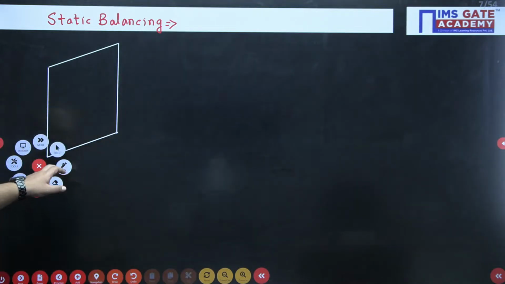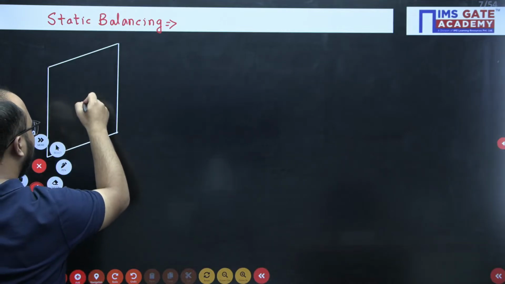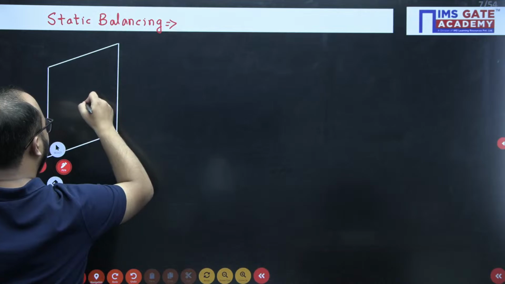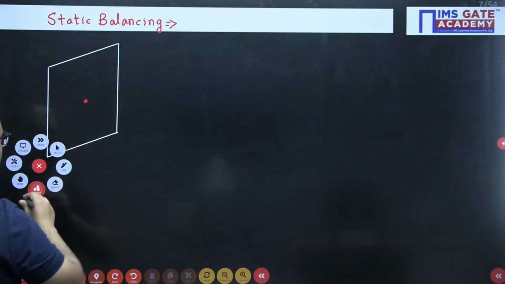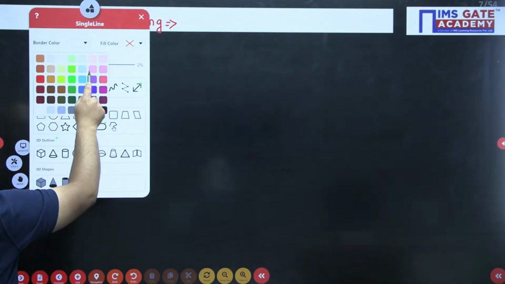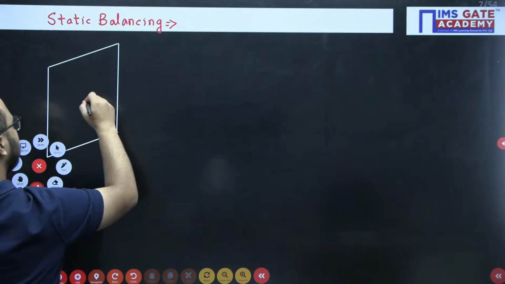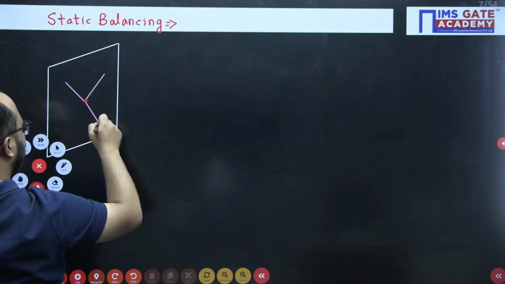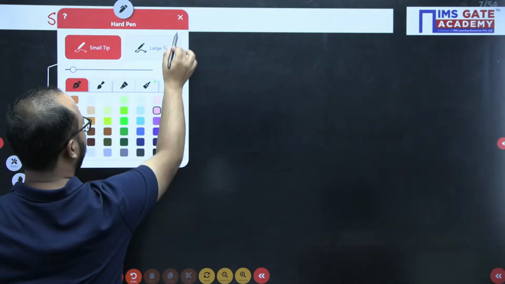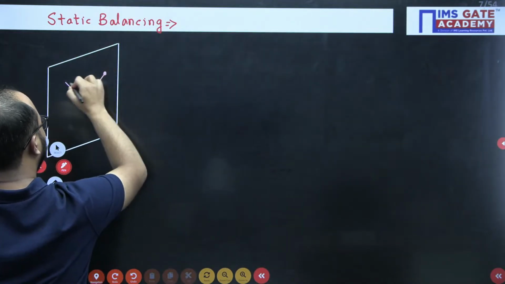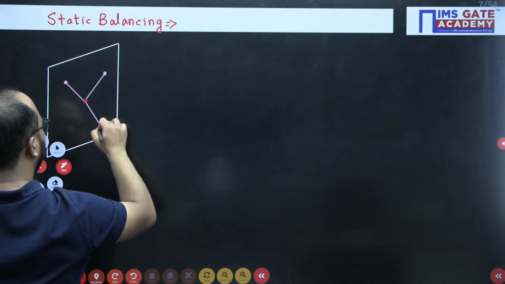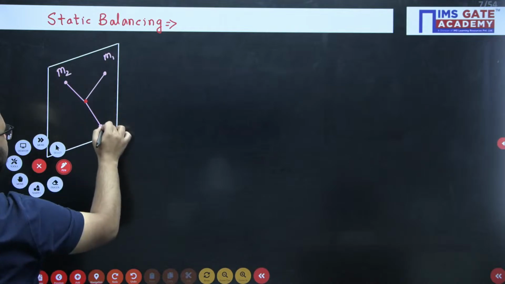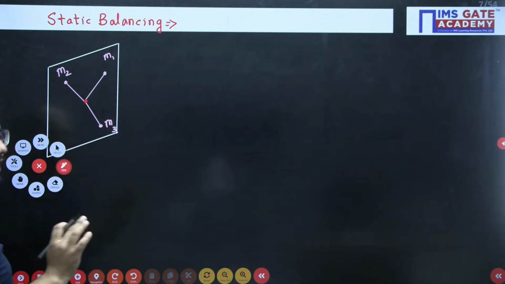Let's suppose this is the case we are having. This is the shaft, and in this case we have three unbalanced masses like this. M1, M2 and M3. These are the three unbalanced masses.